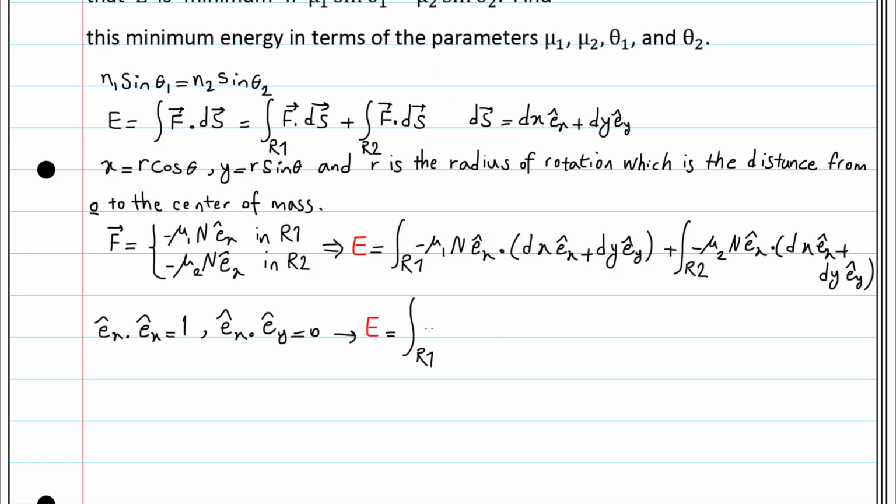the integral in R1 of minus mu1 n dx plus the integral in R2 of minus mu2 n dx, which is minus mu1 n delta x1 minus mu2 n delta x2.